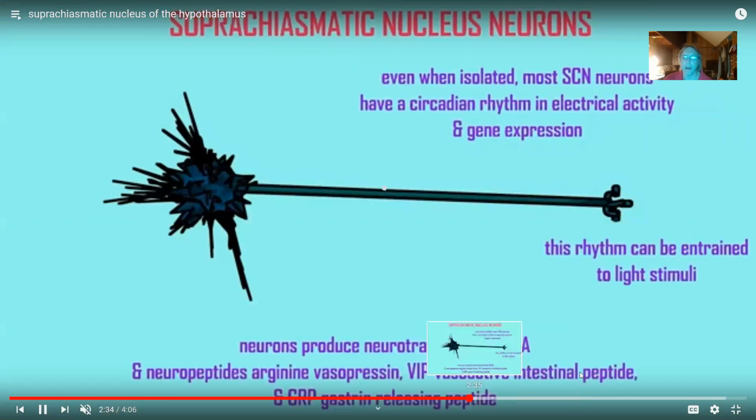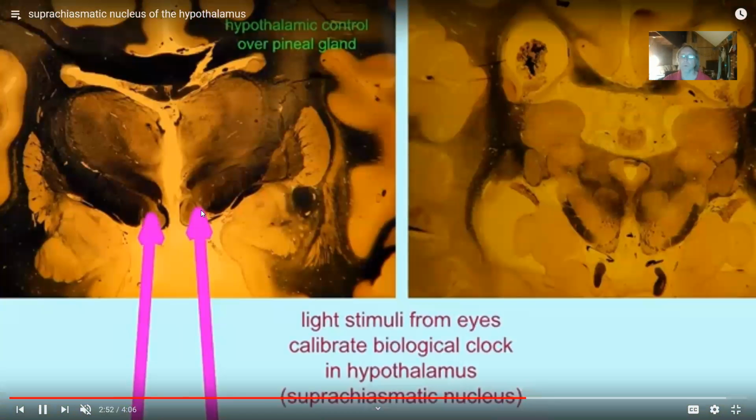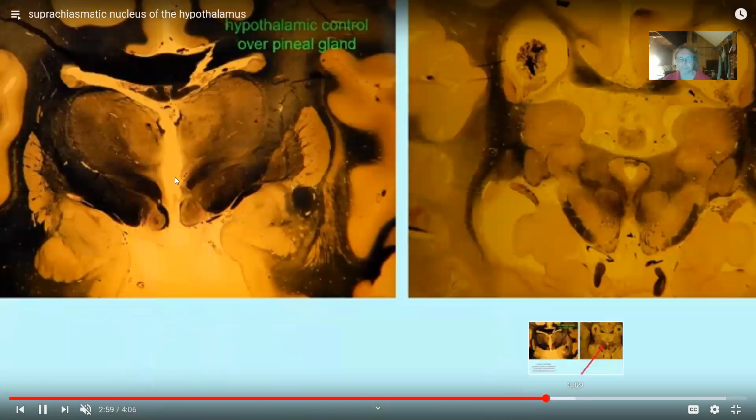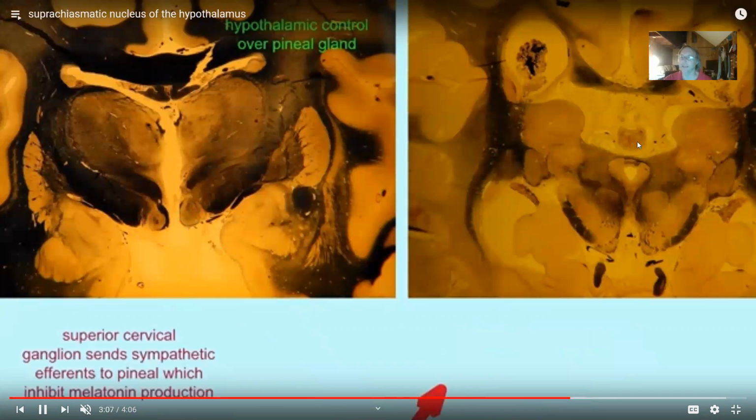Yes. So these neurons in the suprachiasmatic nuclei can release signals, which can then go to the pineal gland. Not only can they reach the pineal gland by traveling through the cerebrospinal fluid, so signals can go through the cerebrospinal fluid from one region of the hypothalamus to another region, but then also from the suprachiasmatic nucleus, there's a relay to the superior cervical ganglion, which then goes back to the pineal gland, which affects the release of melatonin.